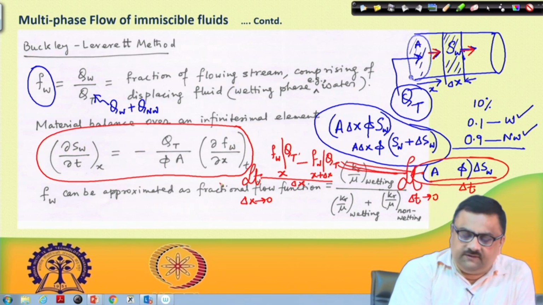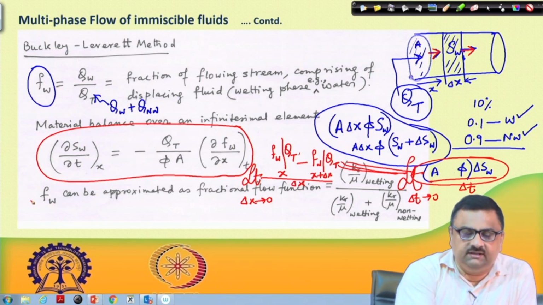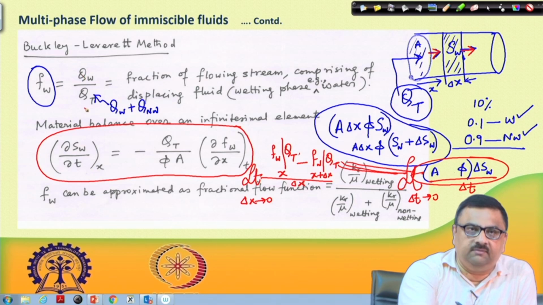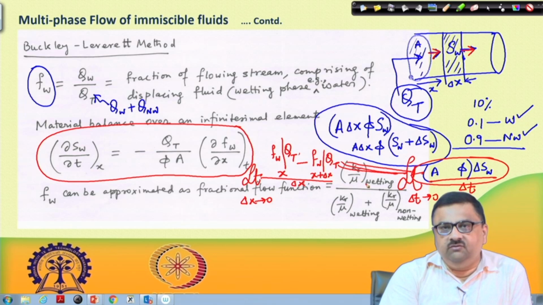On top of that, FW is the ratio of the water flow rate divided by total flow rate, or wetting fraction flow rate divided by total flow rate, and that was written in terms of K R by mu, relative permeability, because base permeability K will cancel out.